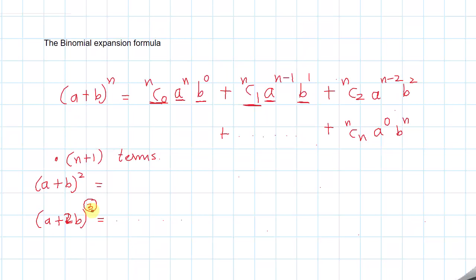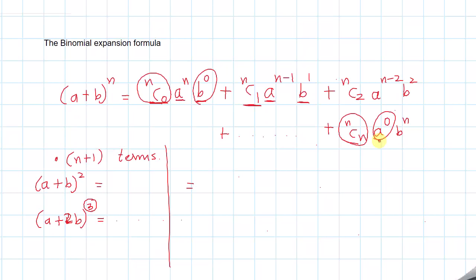You also need to remember, you can simplify this formula. Your nC0 is 1, your nCn is 1, your b raised to 0 is 1, your a raised to 0 is 1.